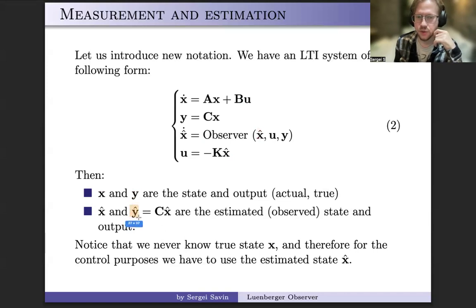So estimated output is simply x hat multiplied by c. So it comes from this equation, right? So a real output is c times x. Estimated output is c times x hat. So y hat is equal to c times x hat.